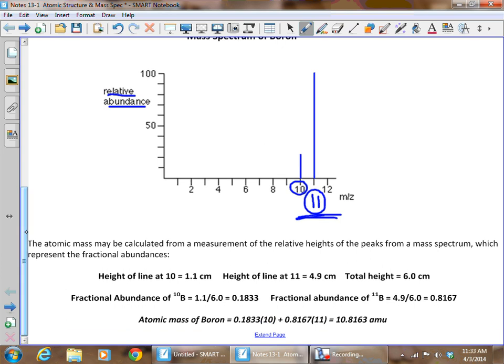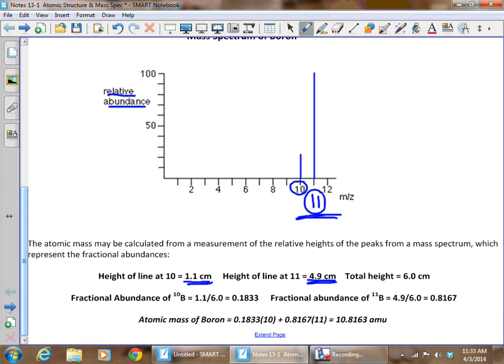You can calculate the atomic mass from these relative heights simply by measuring them. So if you measure the height of the line at the mass number of 10, let's say you get 1.1 centimeters if you have this on your paper, and the height of the line at the mass number 11 is 4.9.